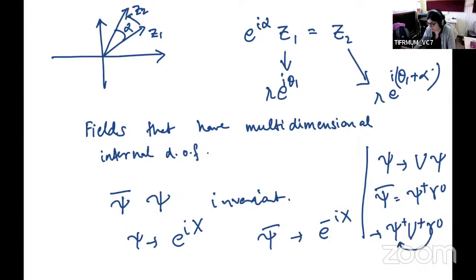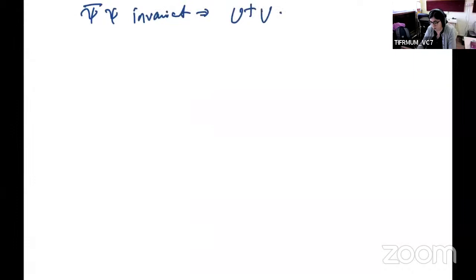So you can just take it in here. That's just psi bar. Okay. So anything that leaves psi bar psi invariant simply means you need U dagger U to be 1. And we know these kinds of transformations, they are called unitary transformations. Right? So any unitary transformation will work. So you can have n number of degrees of freedom internally. As long as the transformation is unitary, you are fine. Okay?